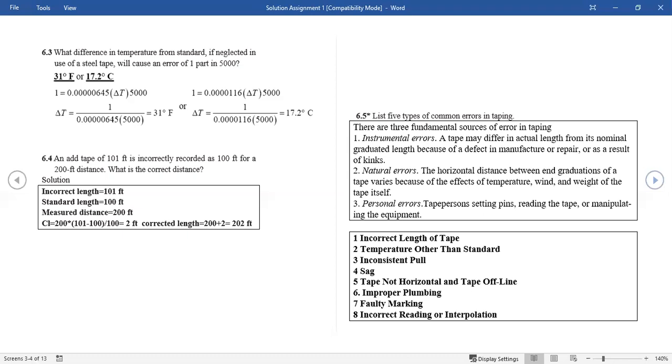We know this error is 1 upon 5,000, and you know the coefficient of linear expansion, that is 6.45 into 10 power minus 6, and then you have to multiply by delta T. Once you solve it, you will get the change in temperature as required, that is either 17.2 degrees centigrade or 31 degrees.